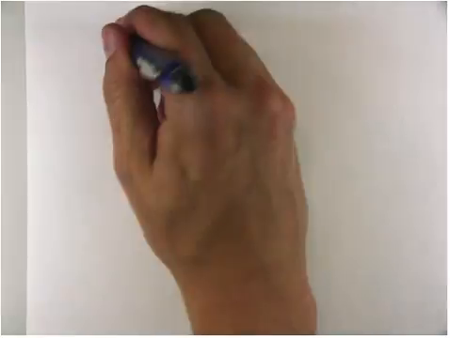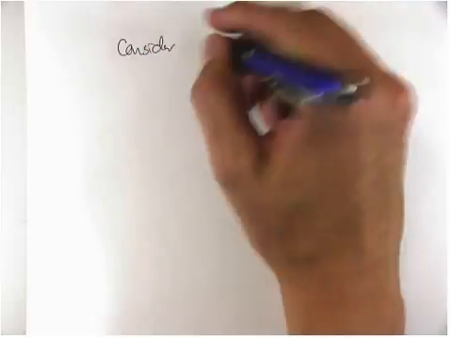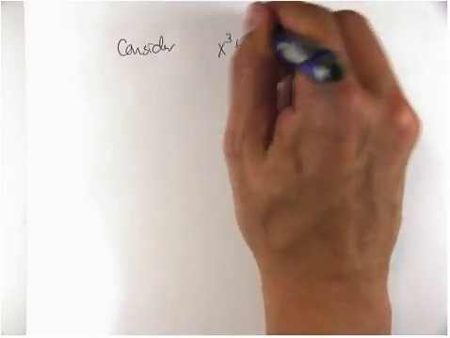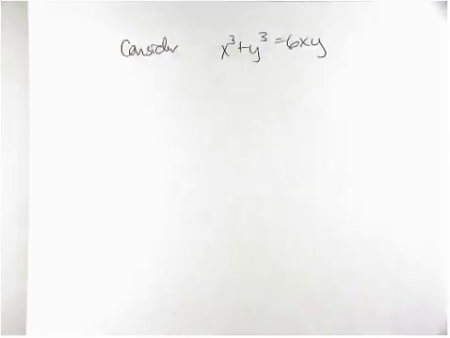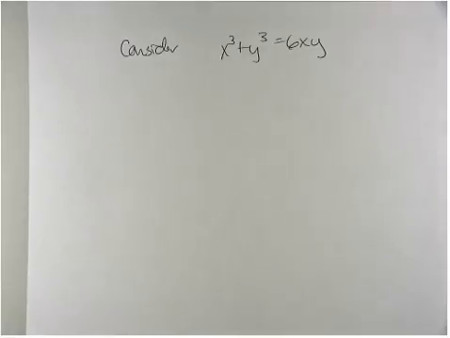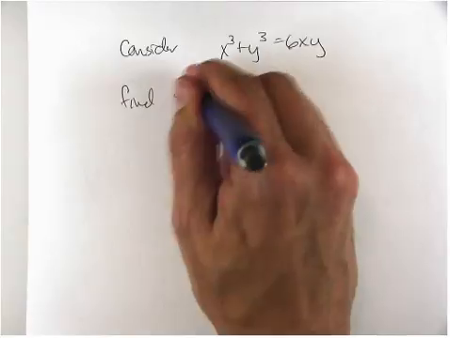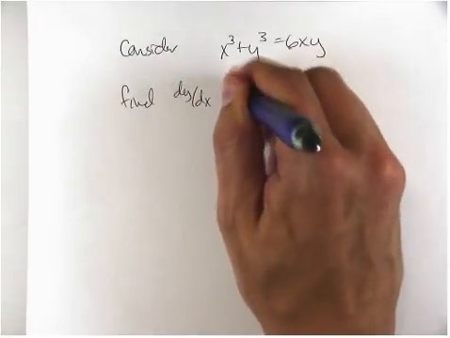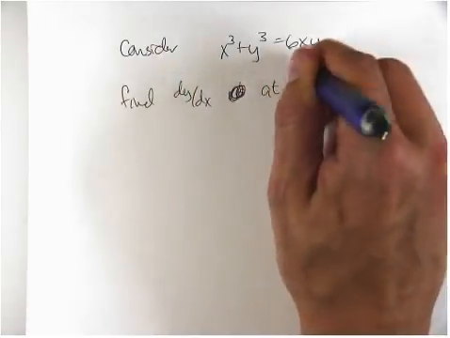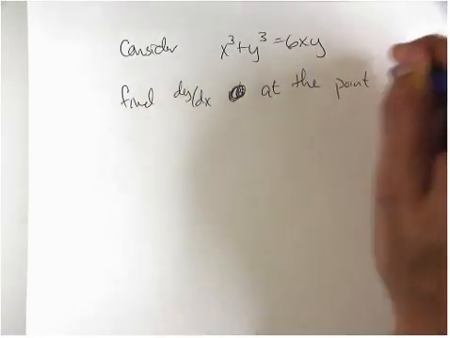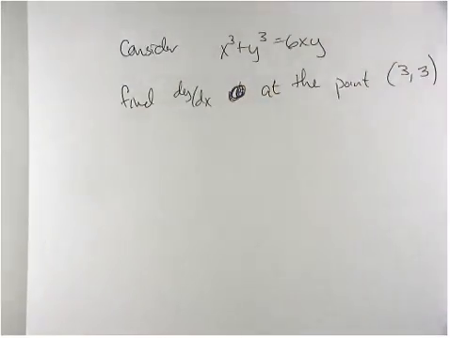So let's see that other example. x cubed plus y cubed equals 6xy. And let's do this. Find dy dx at the point 3, 3.